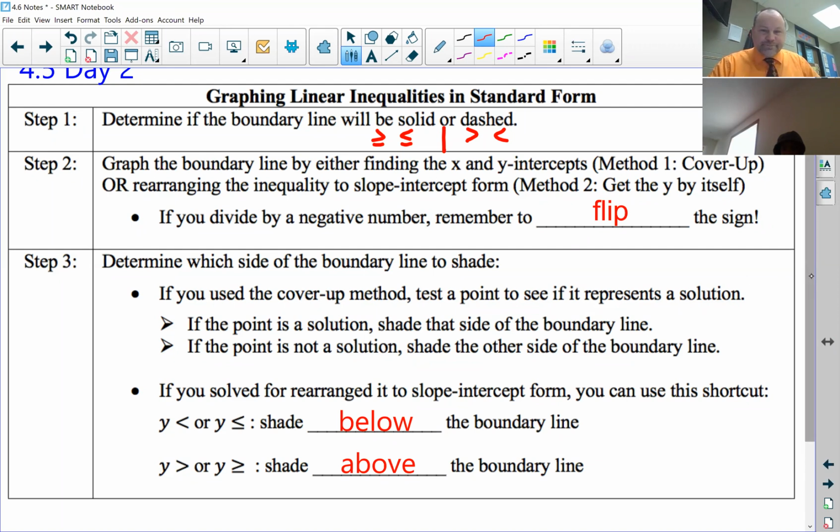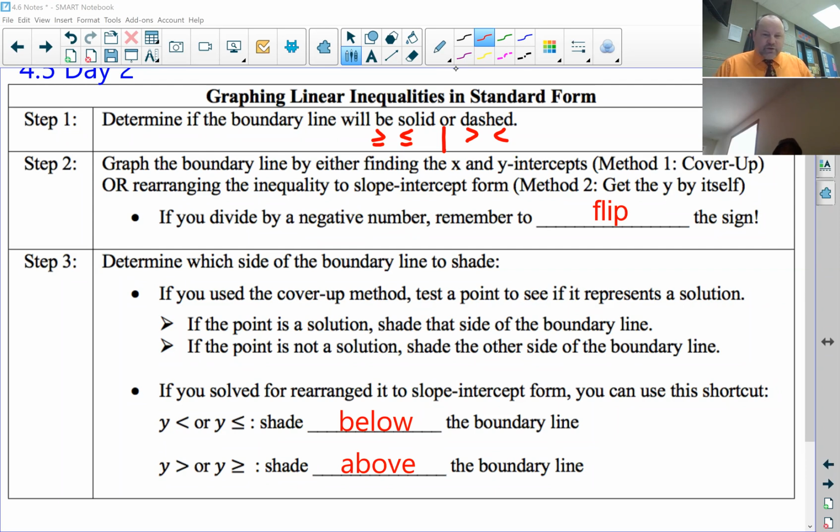The third step is always then to determine which side of the inequality we're going to shade. And so if we use the cover-up method, then we would need to pick a point that's not on our line to see if it makes the inequality true.